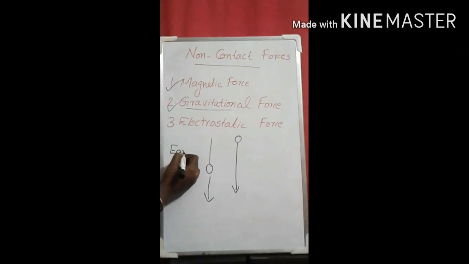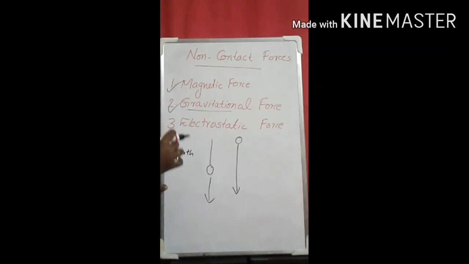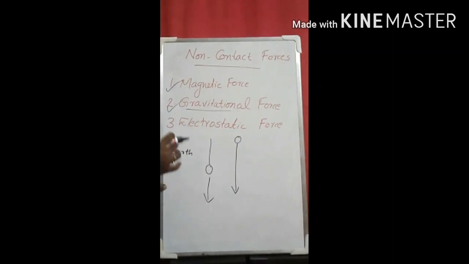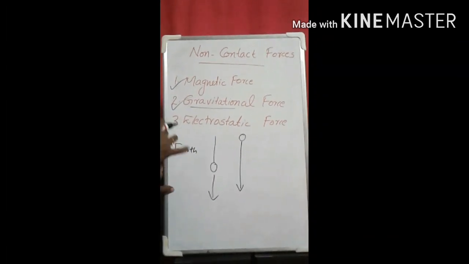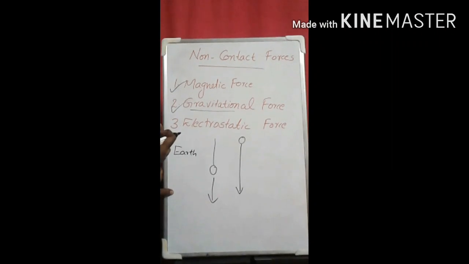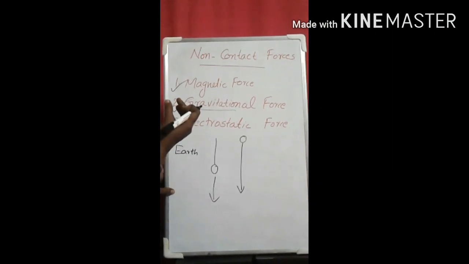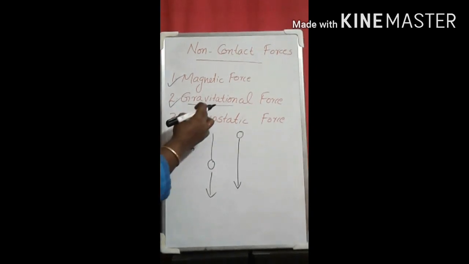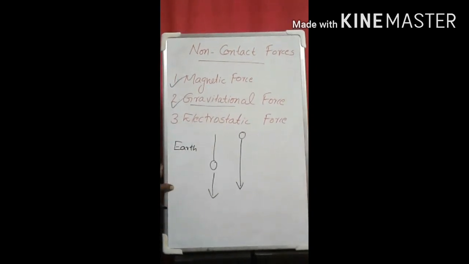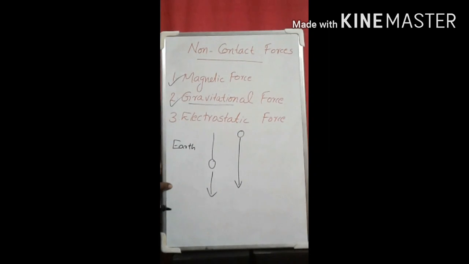Earth attracts every object towards it with a force, and that force is called a gravitational force. Earth attracts every object. Due to that, they move towards the earth, and that force produced by earth is called a gravitational force.